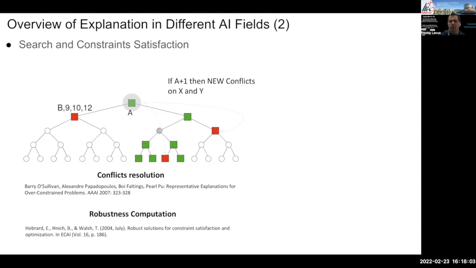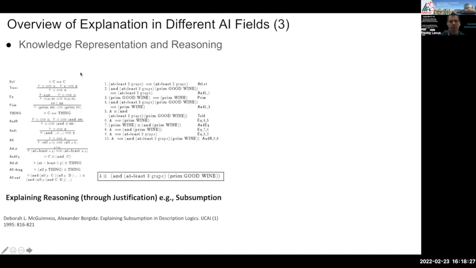That has been studied for years. I mean, there was a tutorial on the topic 15 years ago. In search and constraint satisfaction, there is a lot of work on trying to rebalance and resolve conflicts, which provides explanations off the shelf with the technique.